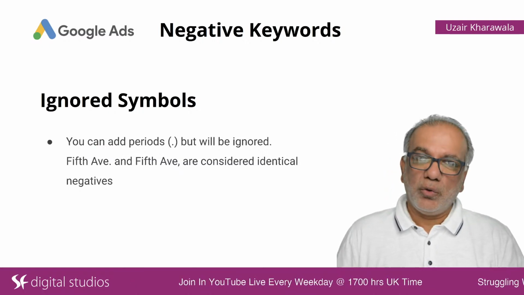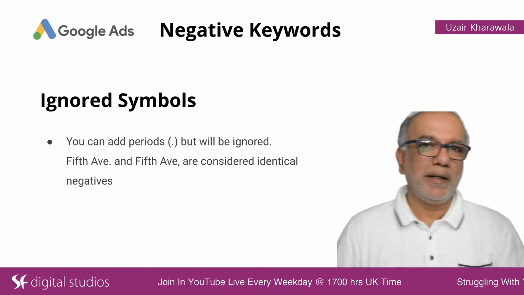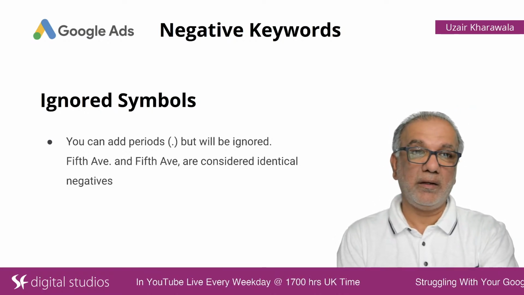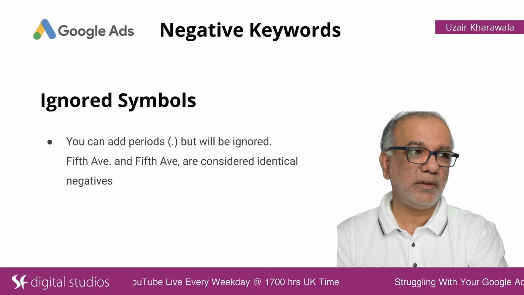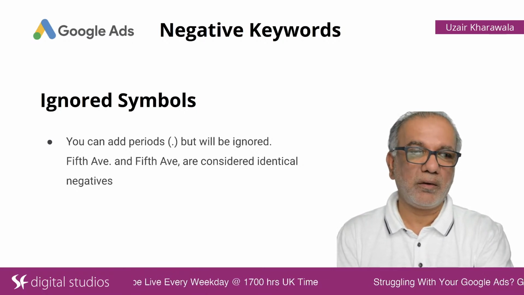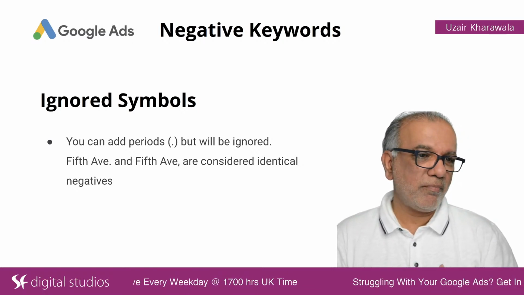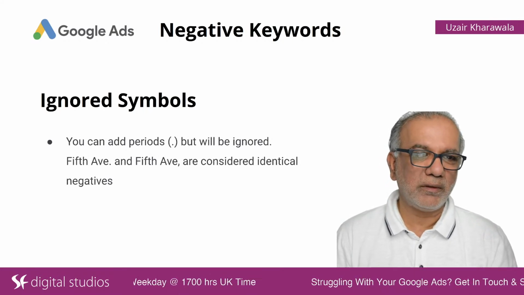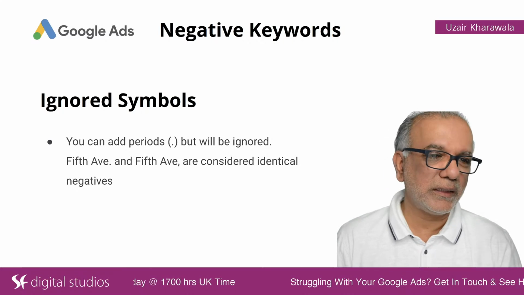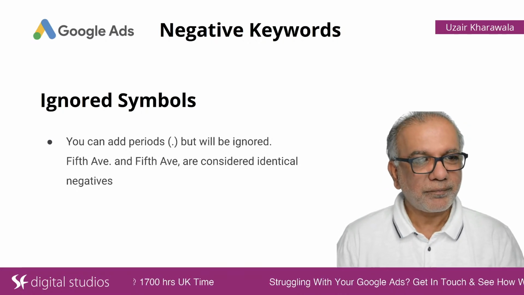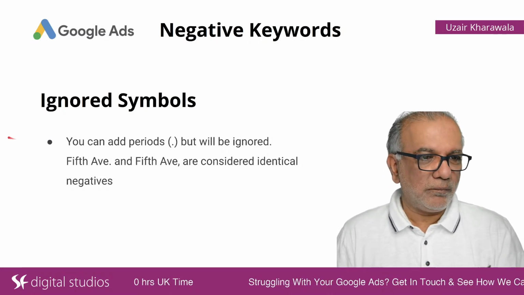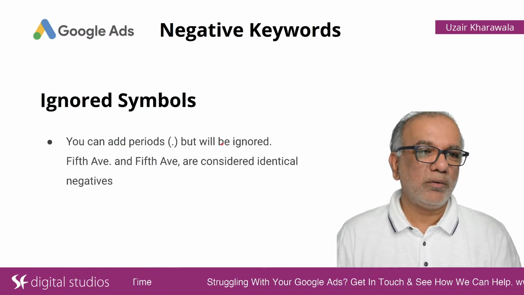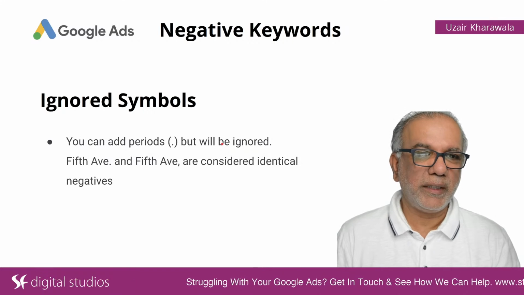Now, there is no broad modified negative keywords, no such thing as that. I have seen in certain accounts, unfortunately, where people have got confused, but Google will completely ignore that. So don't even bother putting those in as broad modified. Ignored symbols, like you can add periods, but they will be ignored, so you don't need to worry about that.